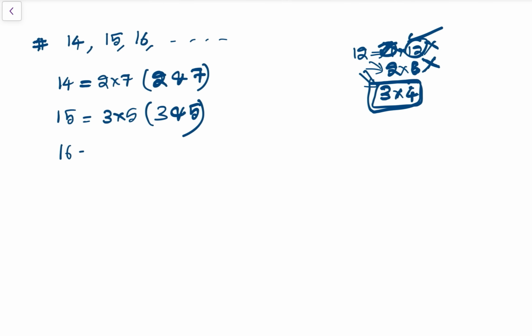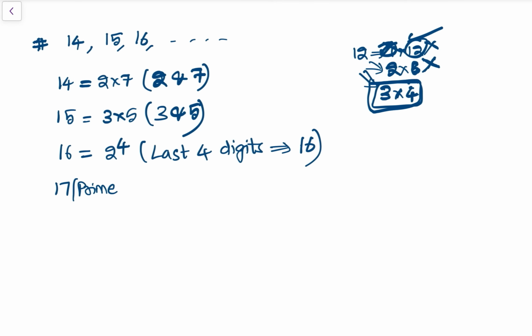Then 16 का तो we know divisibility rule, 16 is 2 to the power 4, that means last four digits must be divisible by 16, तो 16 से divisible हो जाएगा। 17, again 17 is a prime number, भाई उसका तो कुछ है नहीं divisibility rule। Then 18 we can write it as 2 into 9, और 2 and 9 एक टेबल में नहीं आएगा। So if a number is divisible by 2 and if it is divisible by 9 also, then we can say it is divisible by 18.